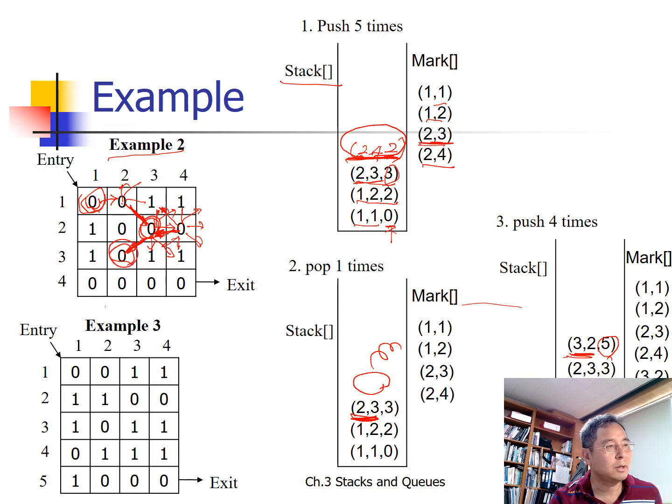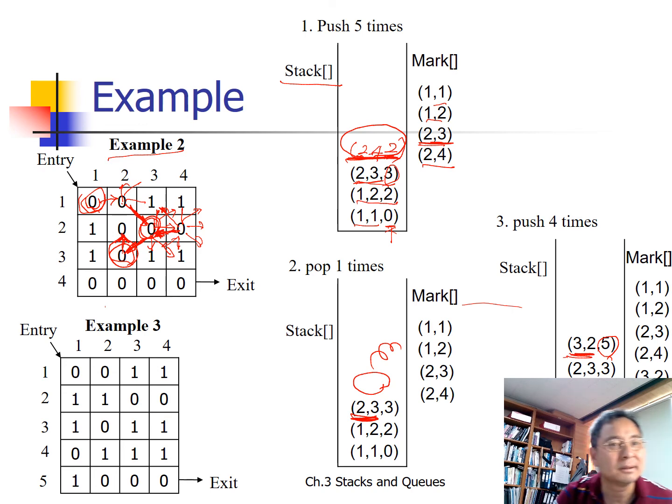From this one, we will search every possible move. Yes, there is also here. Okay, 0 is also possible directions.